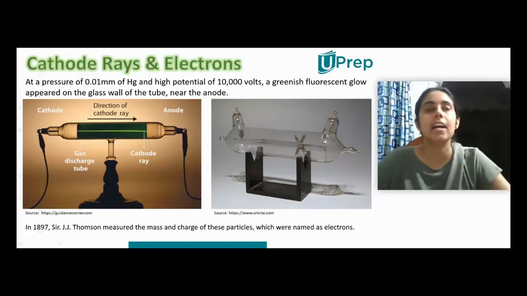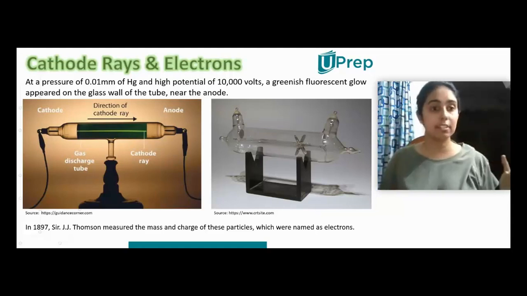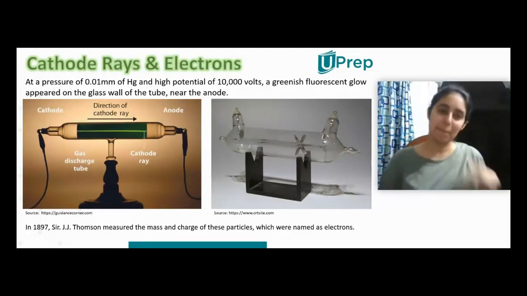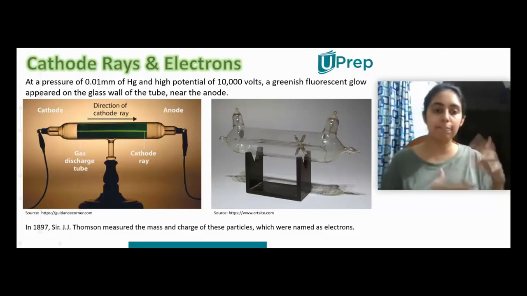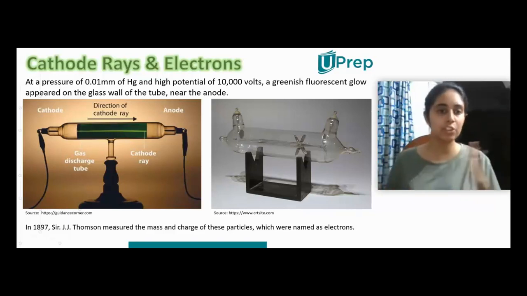A paddle is, for example, in boats, they have a paddle with which you can change the direction in which you're going, right? It's there on the bottom of boats and ships. So basically what it does is it helps change the direction of the boat.